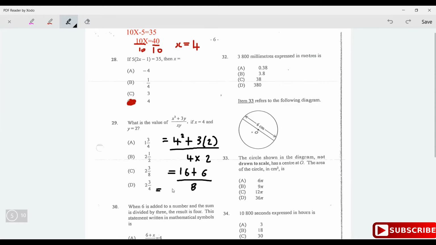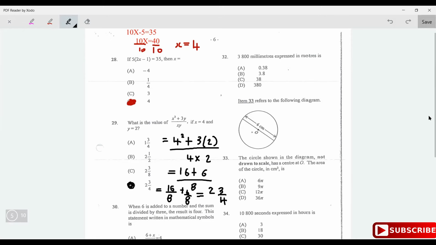Remember, you can separate fractions like this. 16 over 8 is 2, and 6 over 8 is 3 over 4. So we get 2 plus 3 over 4, which is 2 3/4, which is option D.